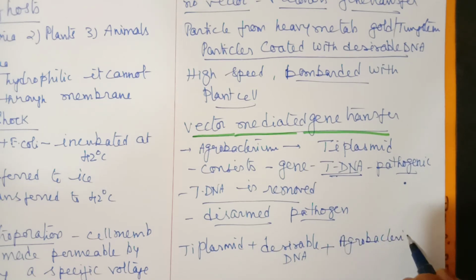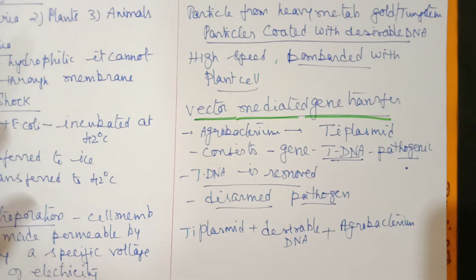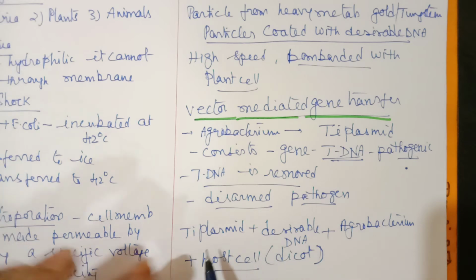Now this Agrobacterium containing the recombinant plasmid is mixed with the host cell. What is the host cell? It is a dicot. So by using Agrobacterium, a foreign DNA can easily be introduced.